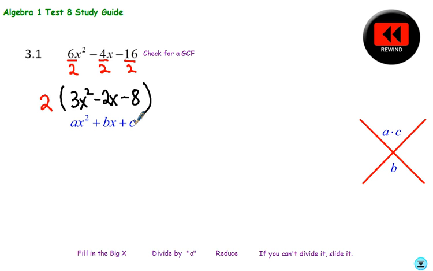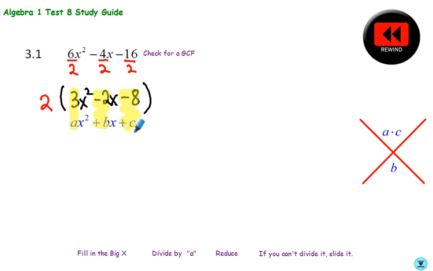By the way, you'll notice I'm not saying the A is 6, B is negative 4, and C is negative 16. Because think of it as almost there's an extra number in there. There's this extra 2, so we had to take that out first. So what we're really looking at as far as our A, B, and C are these numbers right here, which is A is 3, B is negative 2, and C is negative 8.